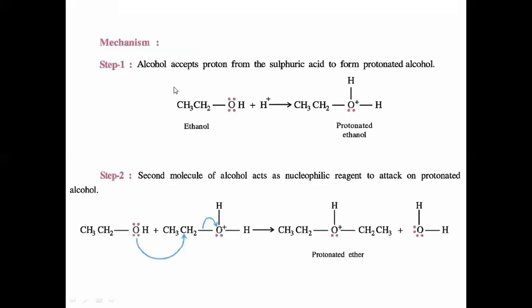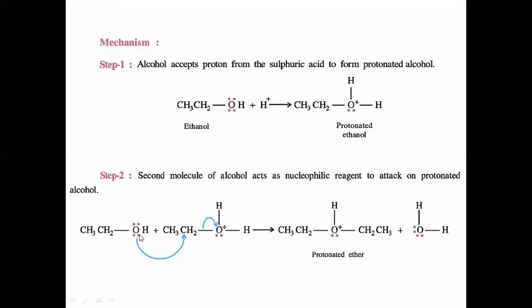Step 1, see here, ethanol, CH3CH2OH plus H. H is added over here, so it is protonated ethanol. The second molecule of alcohol acts as a nucleophilic reagent to attack the protonated alcohol. See here, CH3CH2OH reacts and gives protonated ether, CH3CH2OH with CH2CH3.